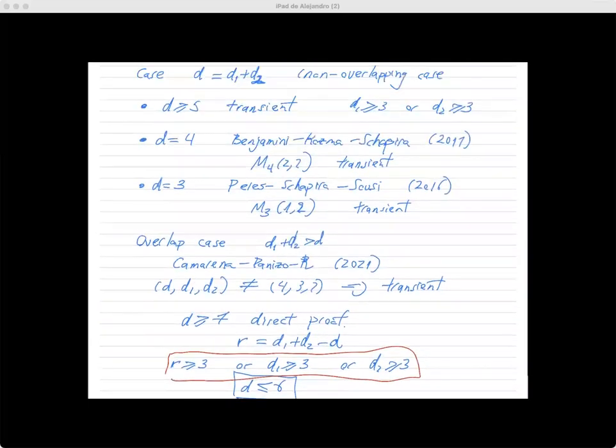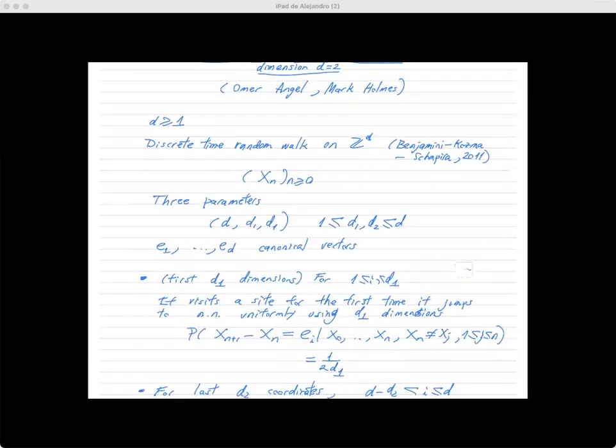Let me see if I have a picture here. Yes, I have it actually here. I'm going to move it.